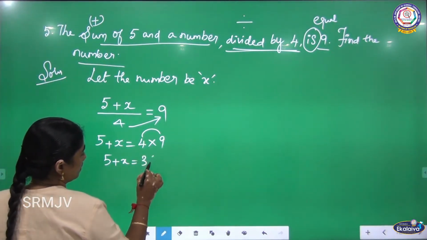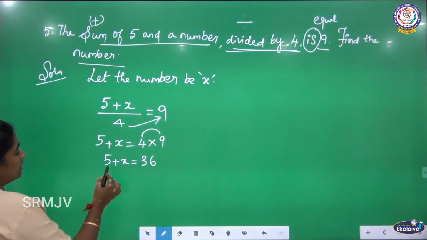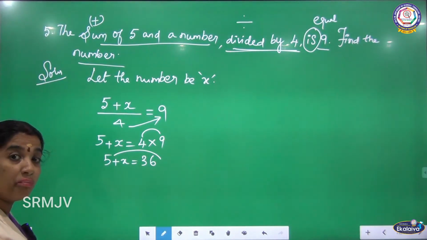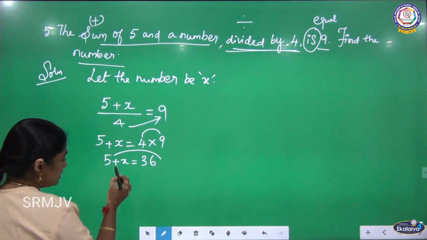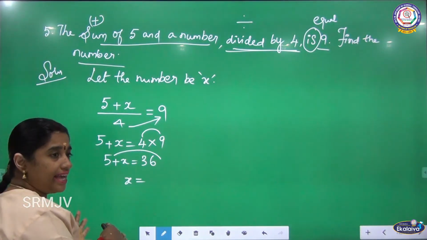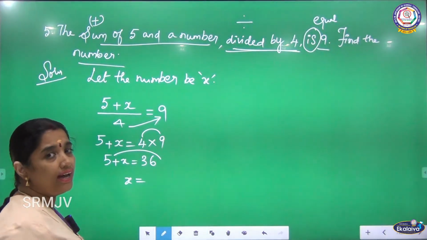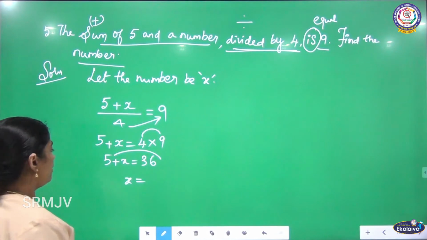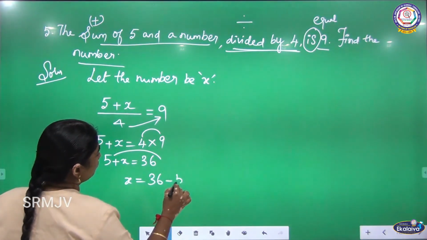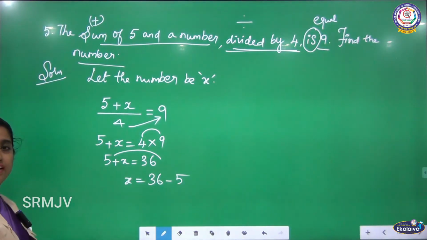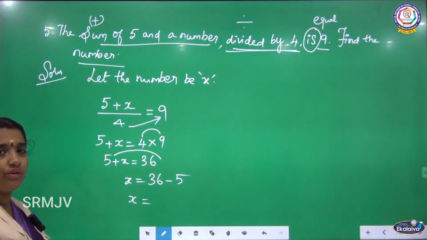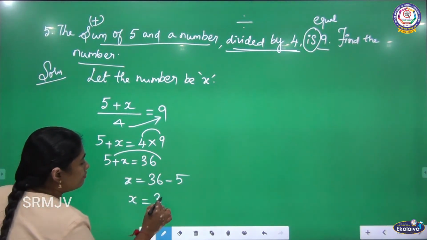36. Now this plus 5, when it is moved to the RHS, what does it become? Minus 5. Because I am going to find out the value for x, whatever there is with the x, I have to send it to the other side. So 36 minus 5. Got it? Now 36 minus 5, what is the answer? 31.